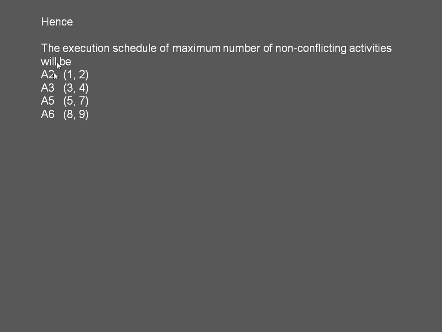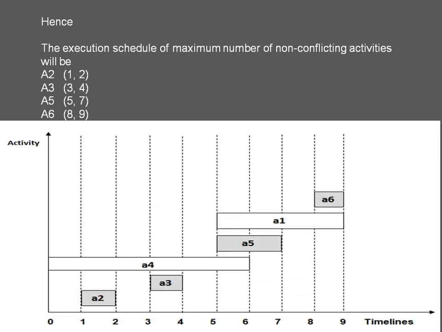Using these 4 activities, we have to draw a diagram where the x-axis shows time and the y-axis shows the activities. So these 4 activities we have to place here. You can see that A2 is placed according to its start time 1 and finish time 2, so the A2 activity is placed between 1 and 2.